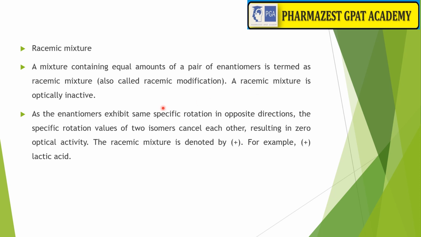Okay, as the enantiomers exhibit specific rotation in opposite directions, the specific rotation values of the two isomers cancel each other, resulting in 0 optical activity. The racemic mixture is denoted by plus-minus, for example, plus-minus lactic acid.